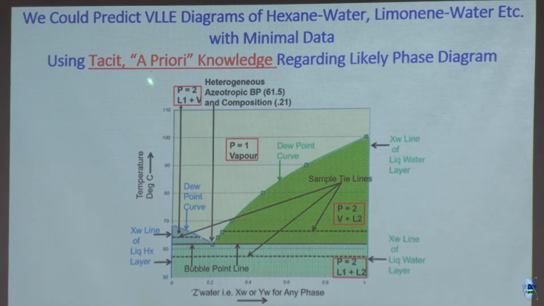So in the case of hexane and water, we guess this is likely to be the hypothetical phase diagram for this totally immiscible pair of liquids. And knowing this fact, we started looking at how these liquidus lines can be estimated.